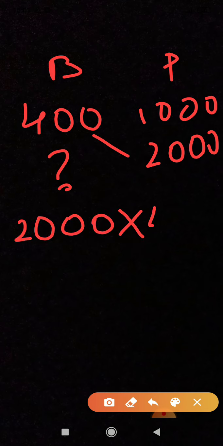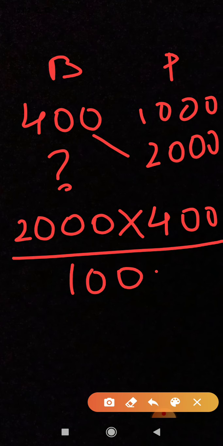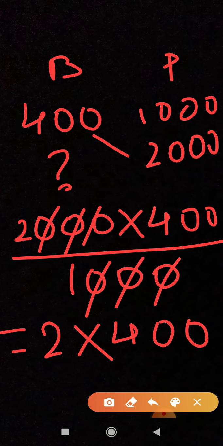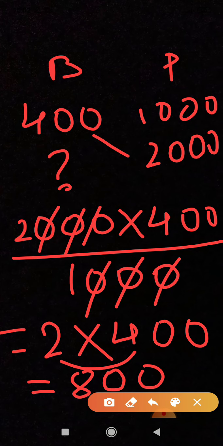So again cross multiplication, 2000 multiply by 400 divided by 1000. Again 3 zeros were cut. The remaining numbers were 2 multiply by 400. 4 twos are 8. So 800 bricks is your answer.